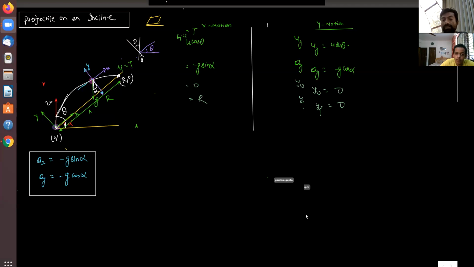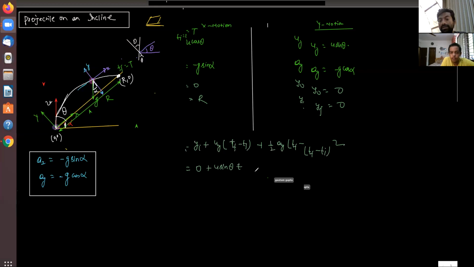If I have to find the horizontal range, let us first find the time. You can write y final is equal to y initial plus uy into tf minus ti plus half ay into tf minus ti whole square. Yf is 0, yi is 0, uy is u sin theta, tf is capital T, ti is 0, minus half, ay is g cos alpha, into T square.